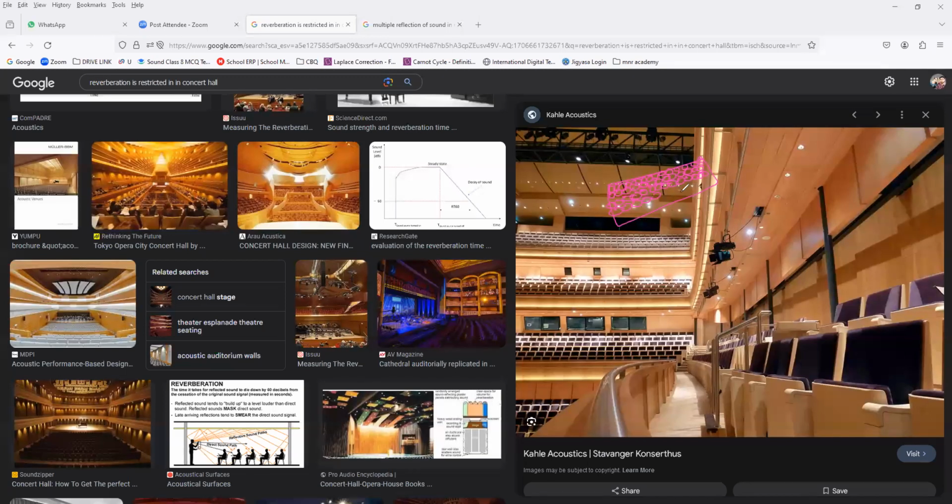Next, sofa sets, curtains, bed sheets, carpets, everything will absorb the extra sound and reduce the excessive reverberation. That is the purpose. A movie theater is not an ordinary construction.